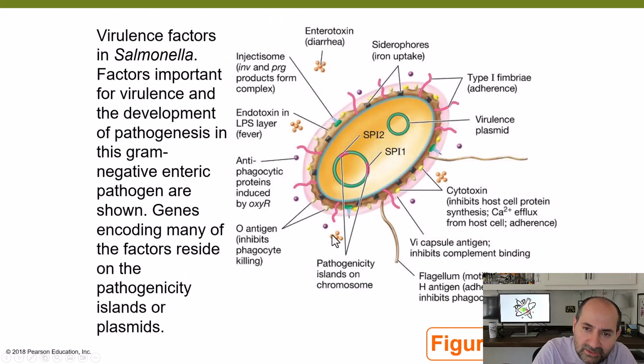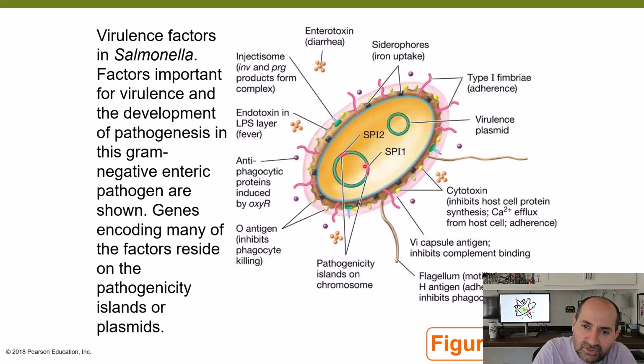So take a look here. This is your Salmonella genome. And look, this is your Salmonella pathogenicity island 1, right? And this one's Salmonella pathogenicity island 2. These are stretches of genes found on the genome of Salmonella.